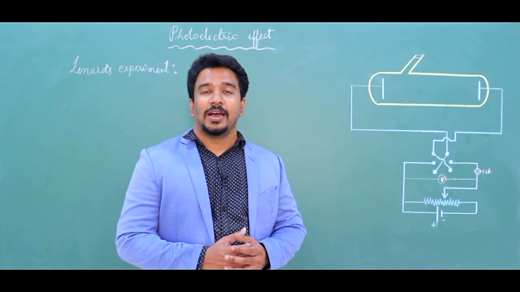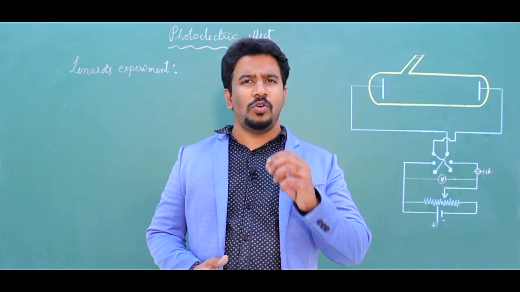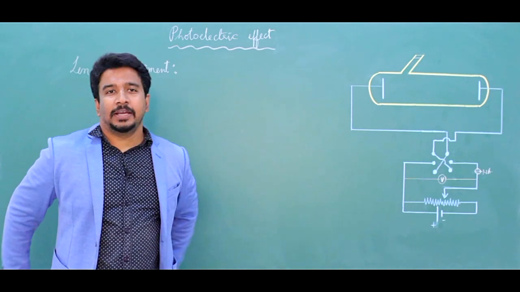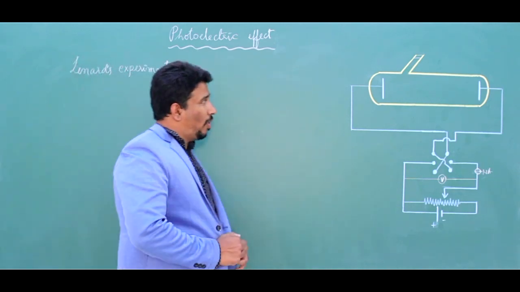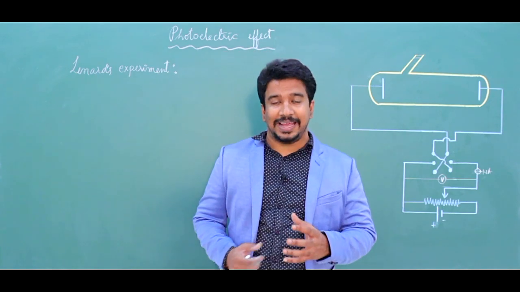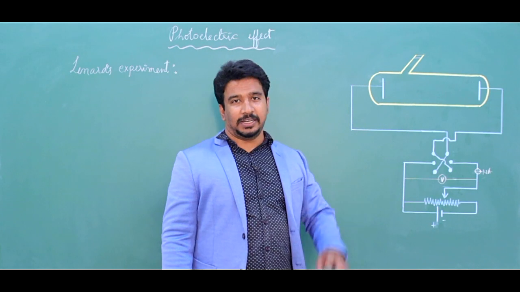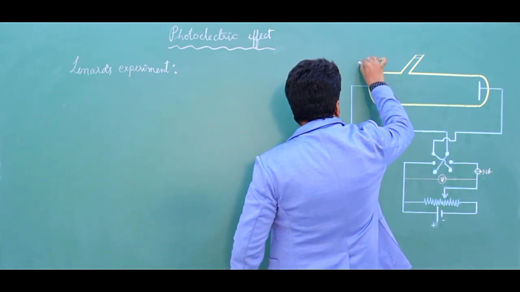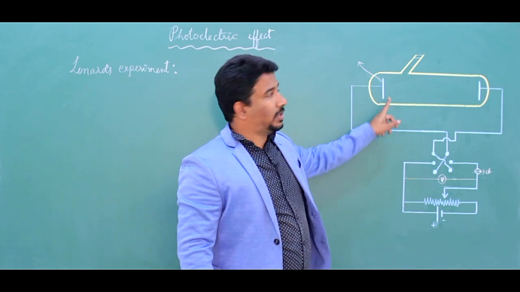Children, scientist Philipp Lenard made a wonderful experiment to show the photoelectric effect. His experiment made us realize what the photoelectric effect actually is in reality. For that he used this setup. In this setup, look here, this is the cathode.